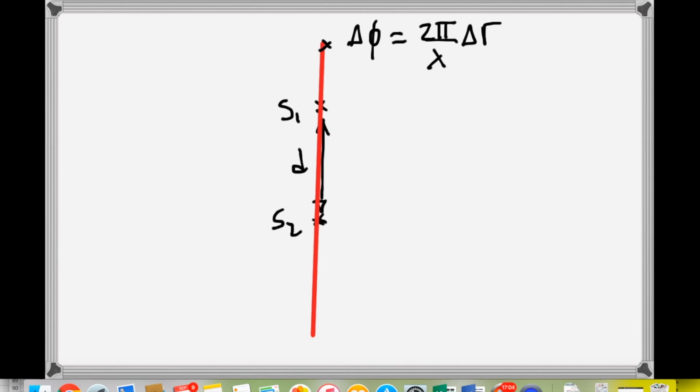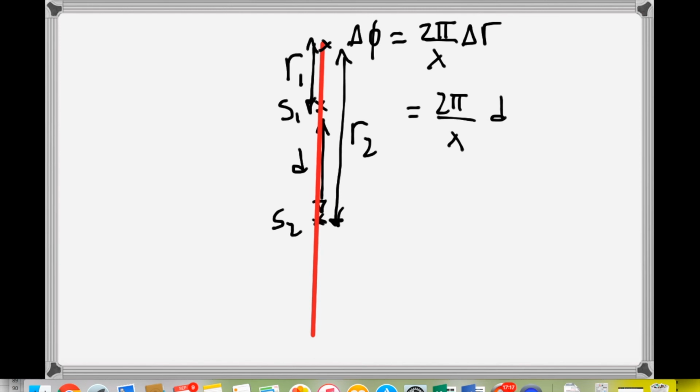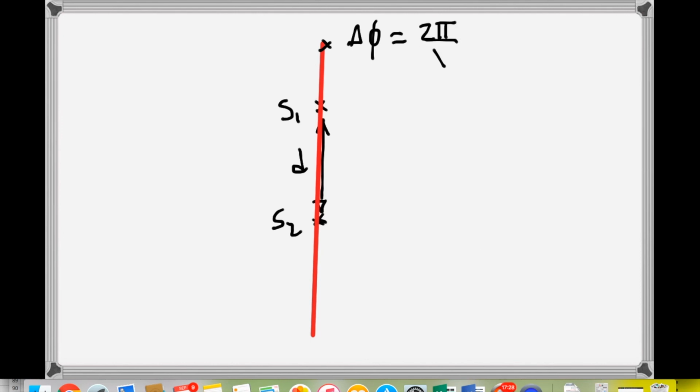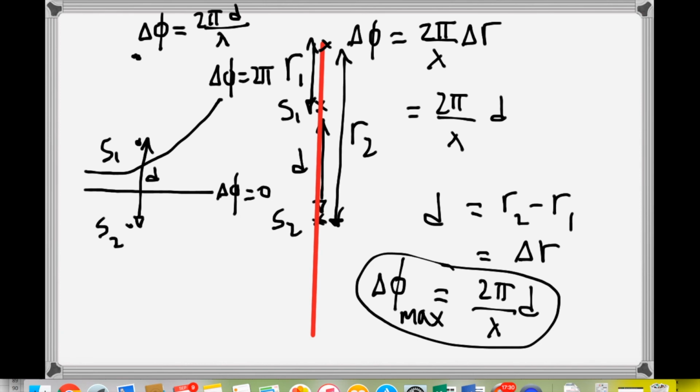This is the distance between the point where we're measuring and S2, which we call R2, and R1, the distance between the point in space and source 1. You can clearly see that R2 minus R1 is d. The difference in path length is d, the distance between the two sources. So the difference in phase at any point on that line is 2 pi over lambda times d. That's the maximum difference in phase.